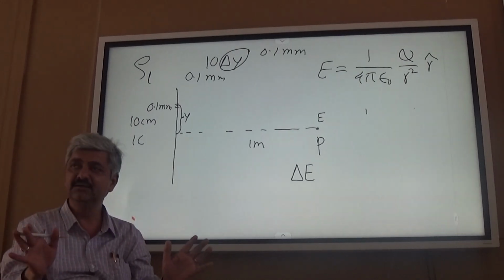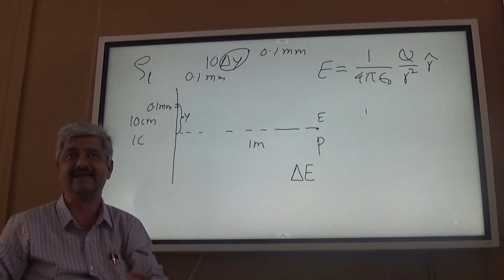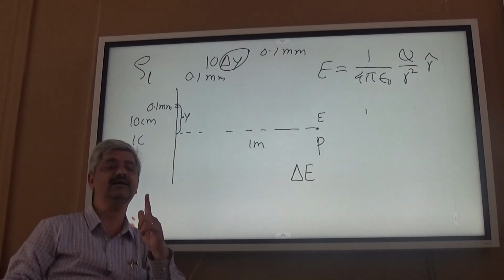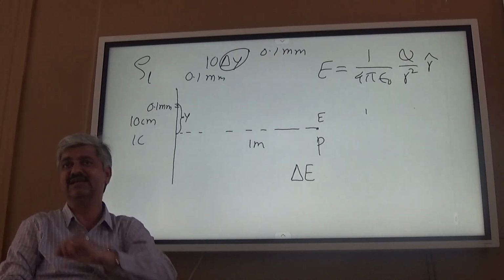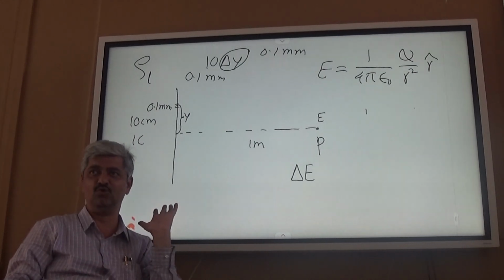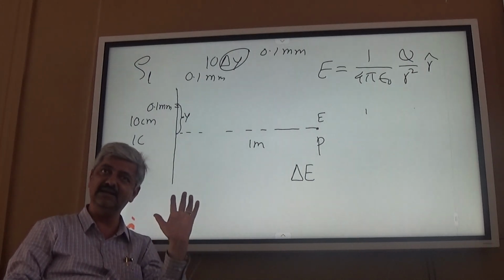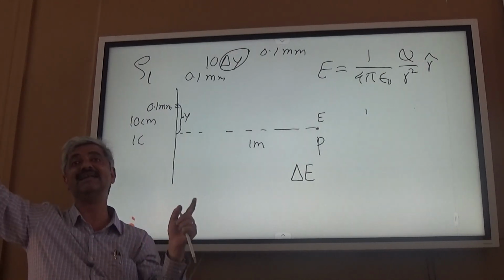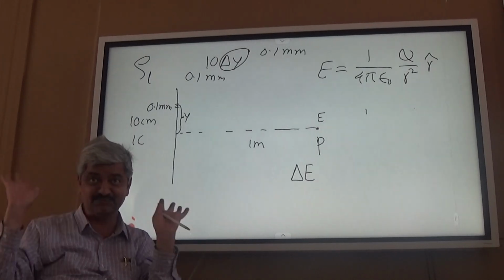What is important? What is the approach to solve towards the problem? What is the crux of this? The given problem must be converted into what I know. What I know is only Coulomb's law. I know the electric field E at one point because of a point charge at another point, that is given to me, that is known to me. And what is asked from me?